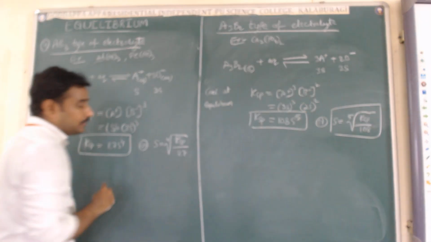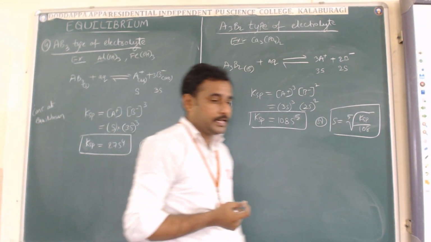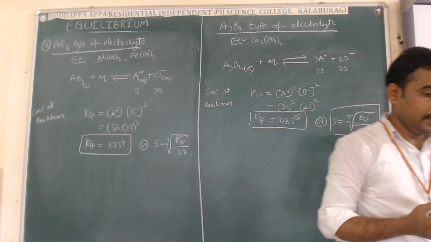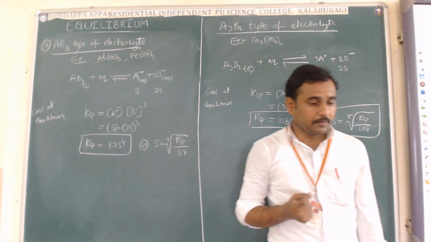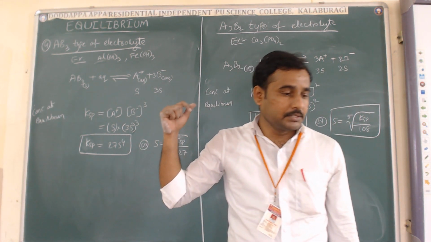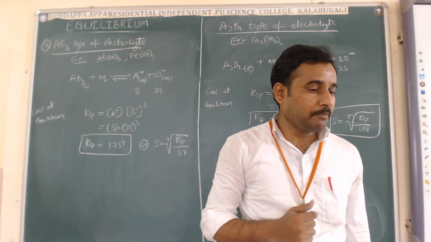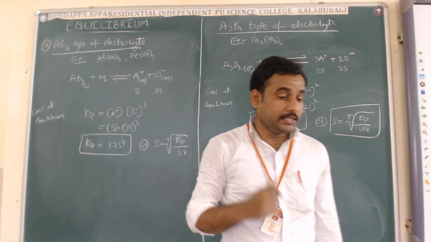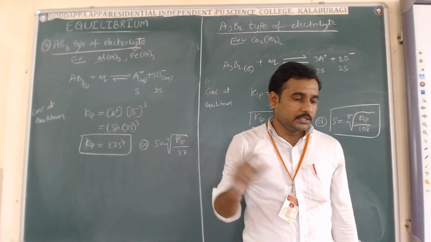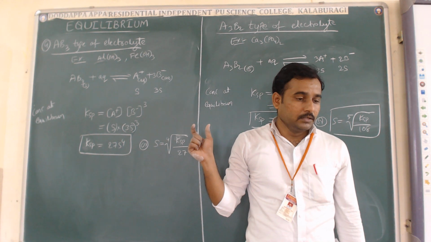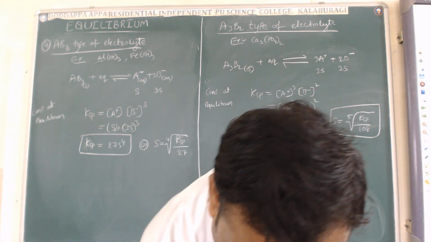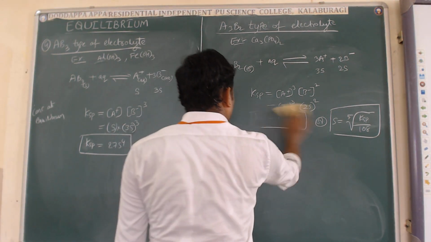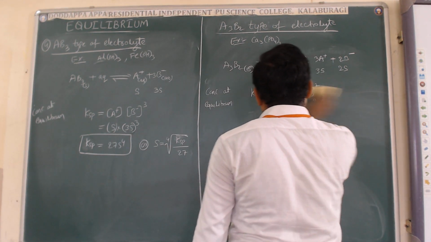So we have discussed the AB type, AB2 type, A2B type, AB3 type, A2B3 type and A3B2 type of electrolyte. These are very important for solving examples. Next we will move toward problems on solubility product and solubility.